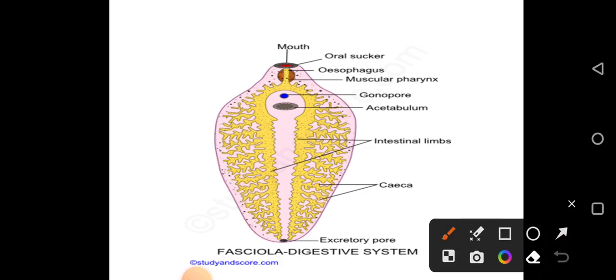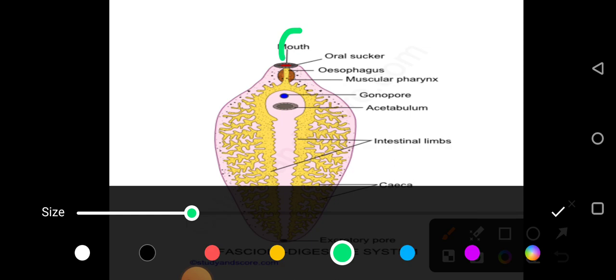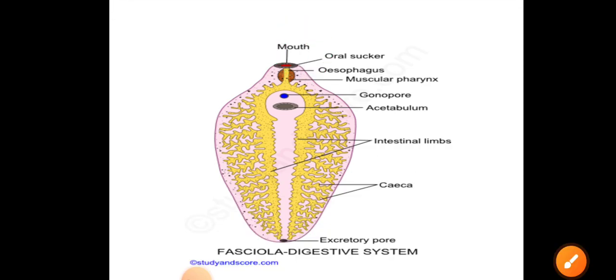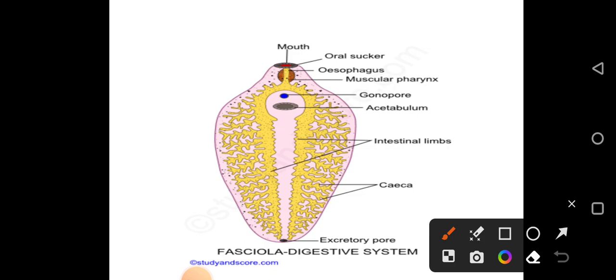In this digestive system, Fasciola has an incomplete alimentary canal and thus it does not have an anus. The digestive system consists of different parts like mouth, then pharynx, then the third one is the esophagus, then intestine.